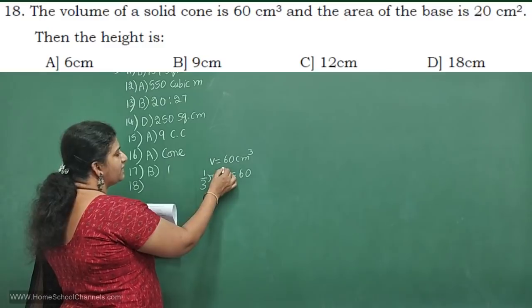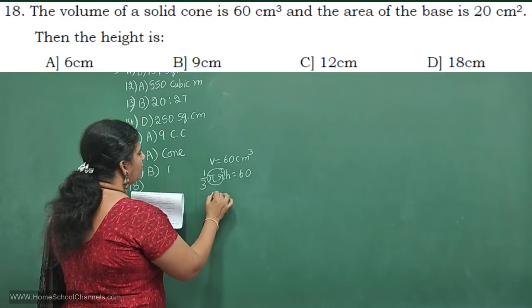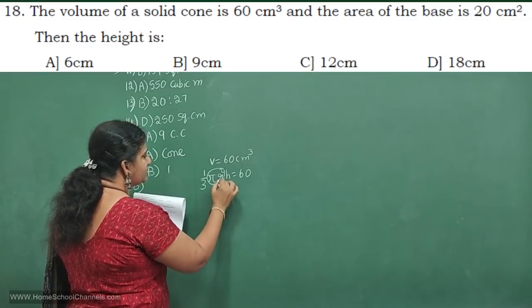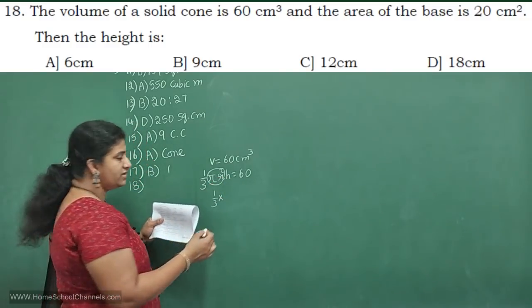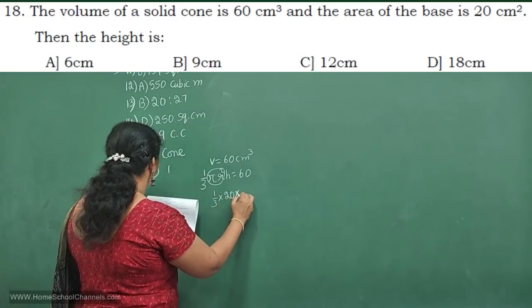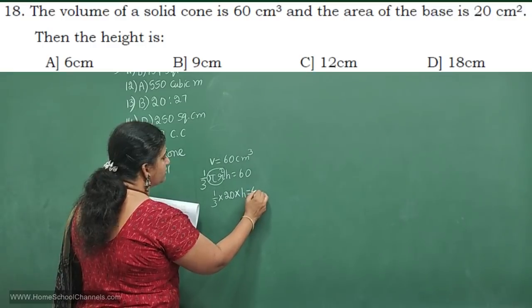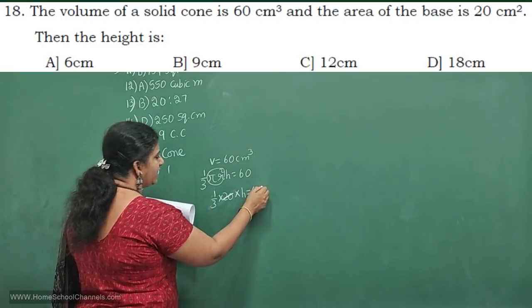But look here, it is very easy to answer this question. 1 by 3. Instead of pi r square, I just directly substitute the area of a circle. What is given here? 20 into height h is equal to 60. Now directly if you want, you can cancel.